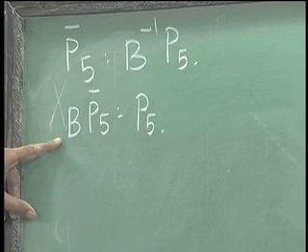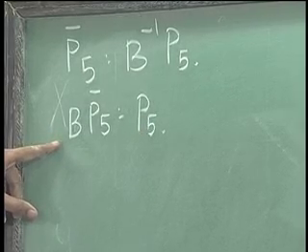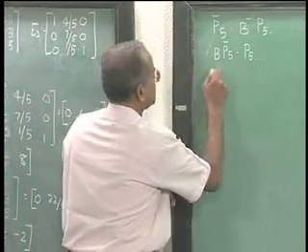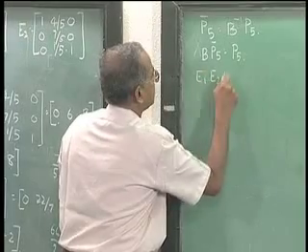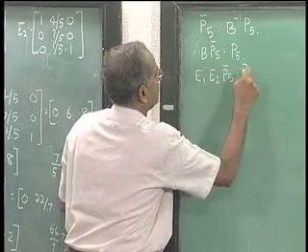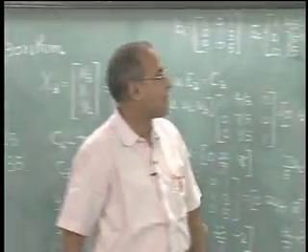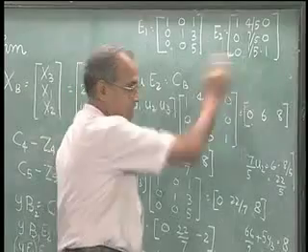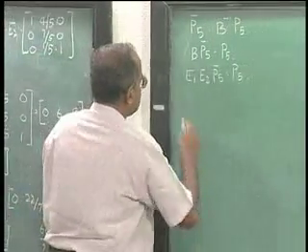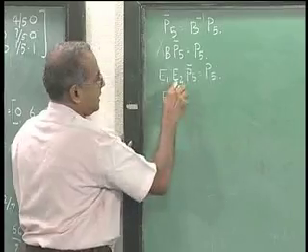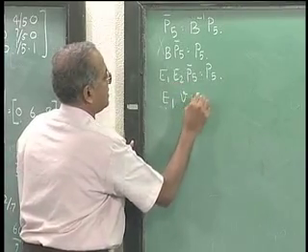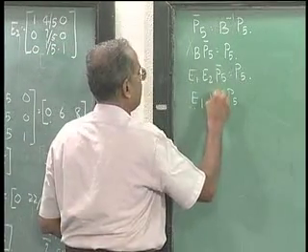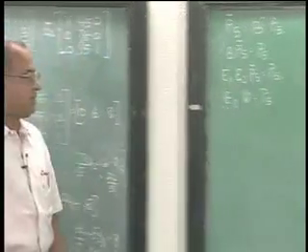Now, this B is B2, so B2 is equal to B1 into E2, B1 is B0 into E1, so we will have E1 E2 P bar 5 is equal to P5. Now, we already know the values of E1 and E2, which are matrices here. So, what we do now is we simply call this E2 into P bar 5 as some V, so V is equal to P5, where this V is a vector.